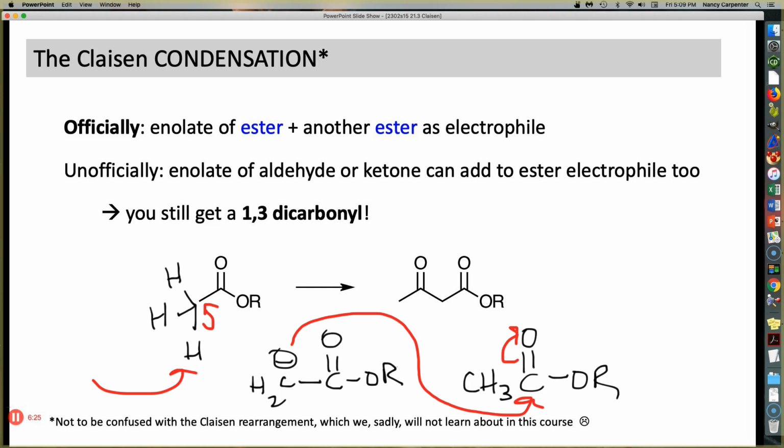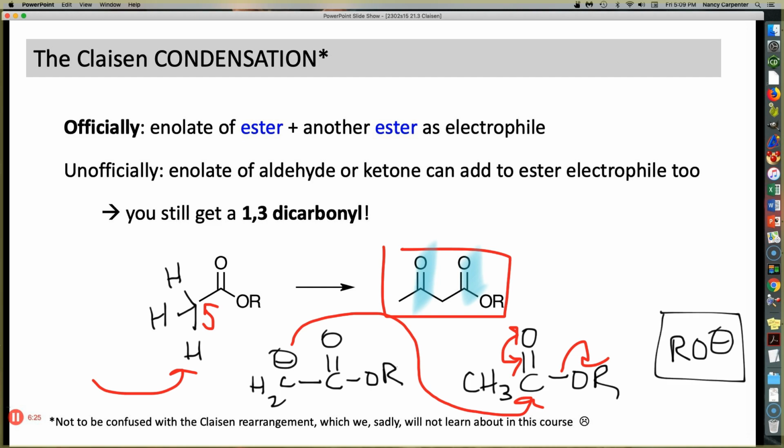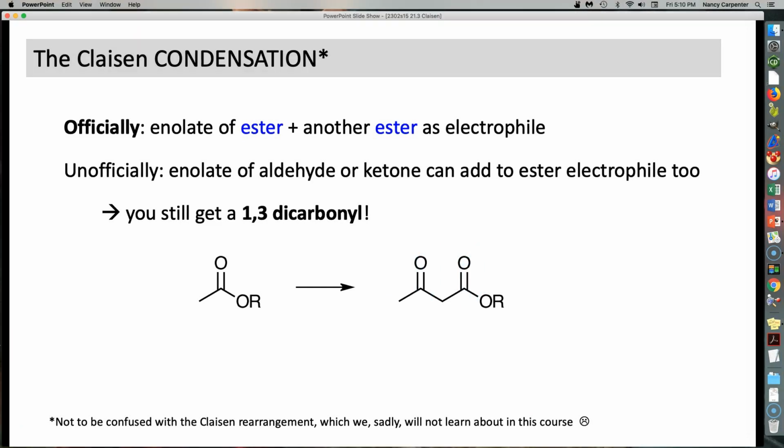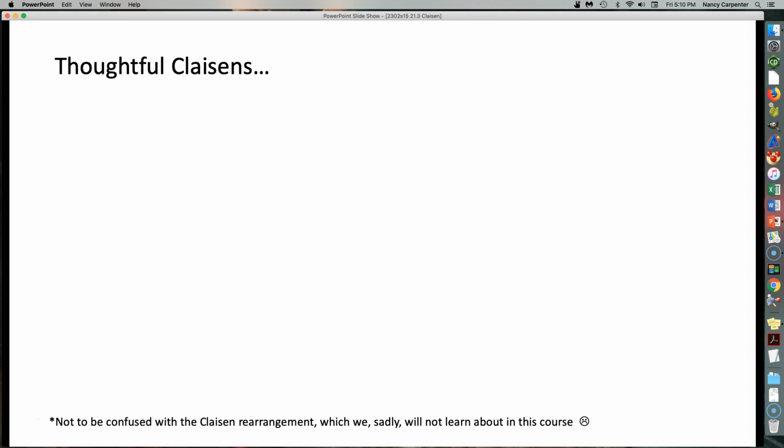And in an up, down, out, we see that we get our 1,3-dicarbonyl. That's our Claisen condensation, because we have spit out a small molecule under basic conditions, this alkoxide. So that's the Claisen. And just like the aldol, there can be good Claisens and not so good Claisens.